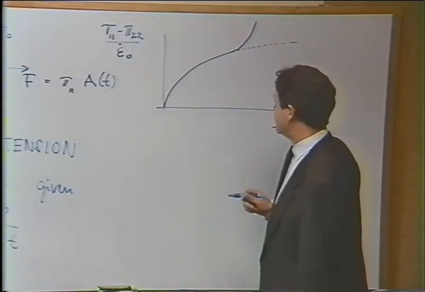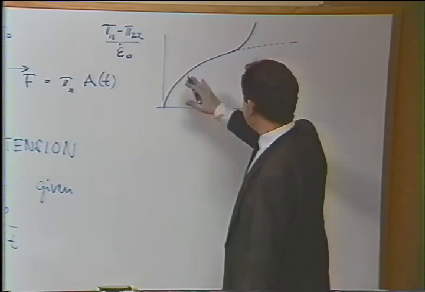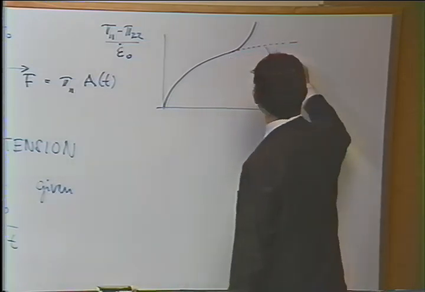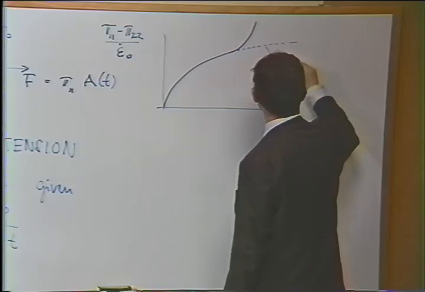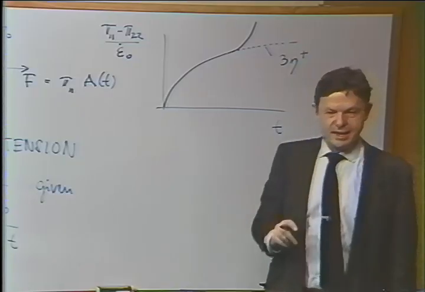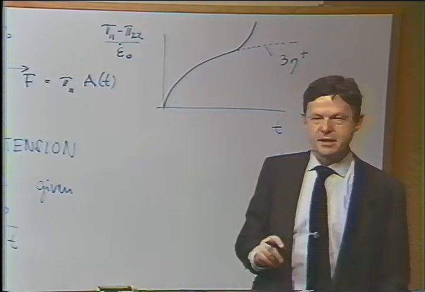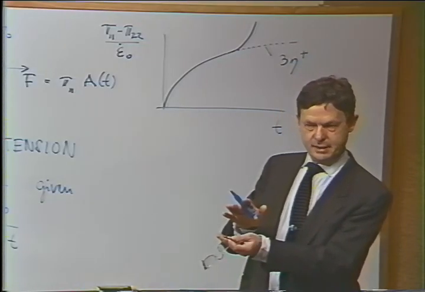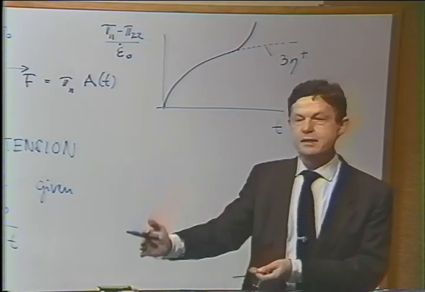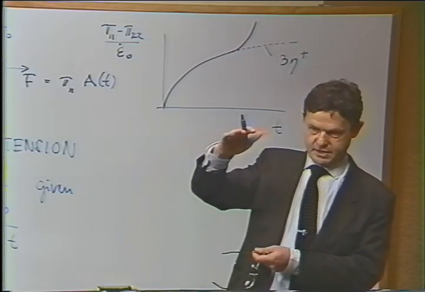in uniaxial extension. So this is the stress response, and this function here is actually 3 times the startup viscosity in shear flow. When you take a material element at rest, and then you start shear flow at constant rate, then the stress grows as a function of time.